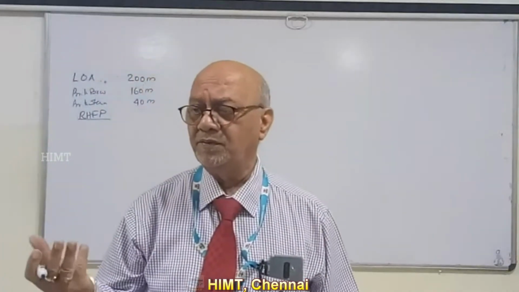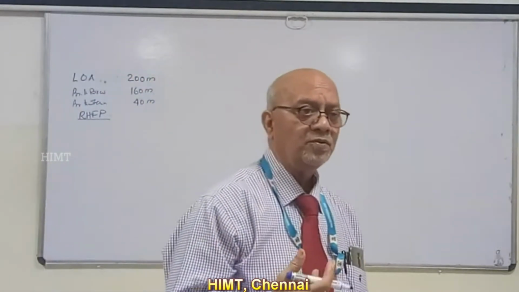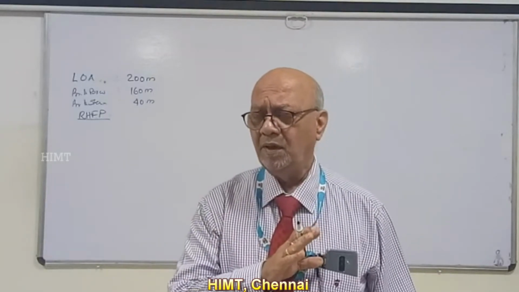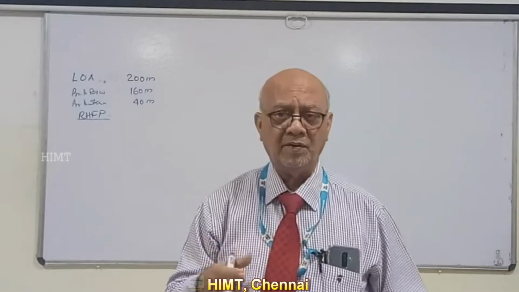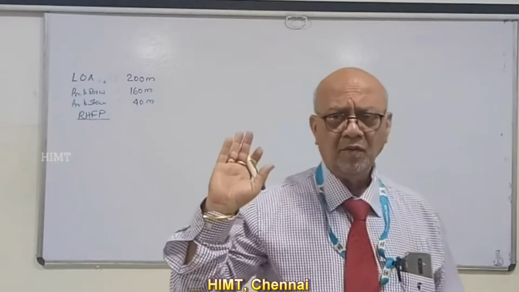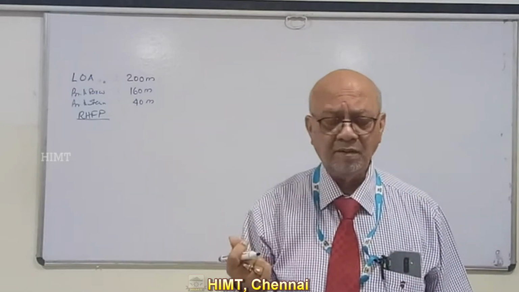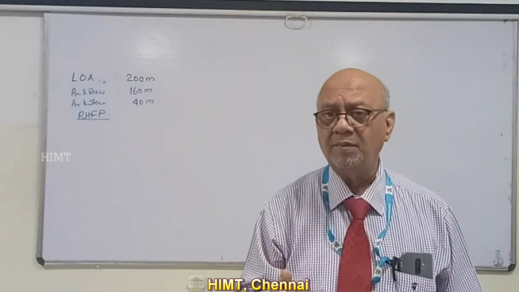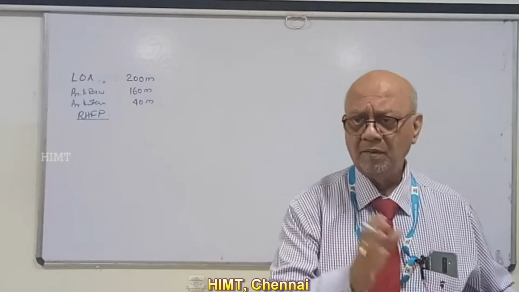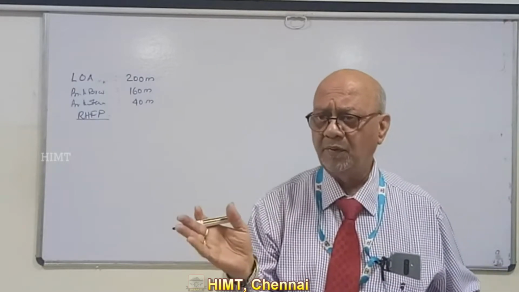Why is it needed? Because I should know whether I should plan my approach keeping the berth on my port side or starboard side. With the right hand fixed pitch propeller, when you go astern, the transfer thrust will take your stern to port, bow will carry to starboard.